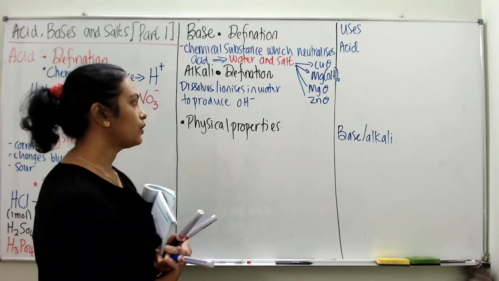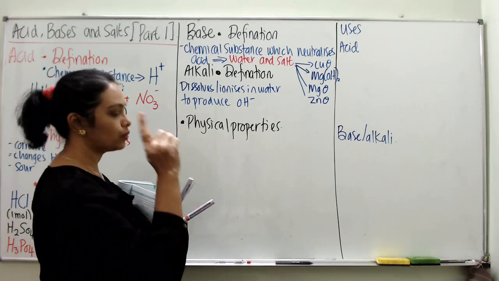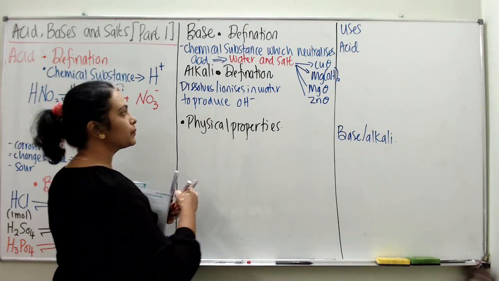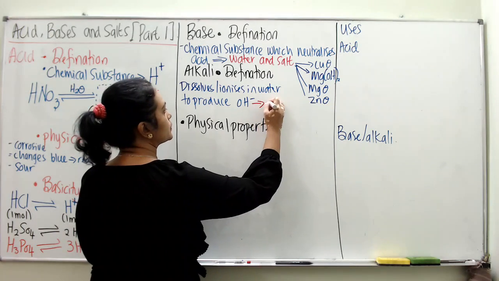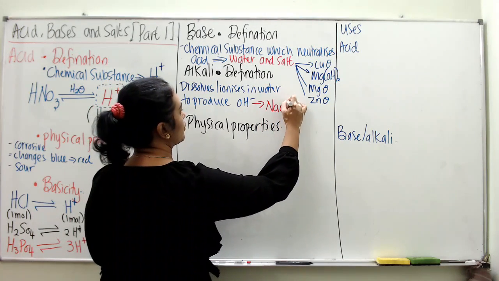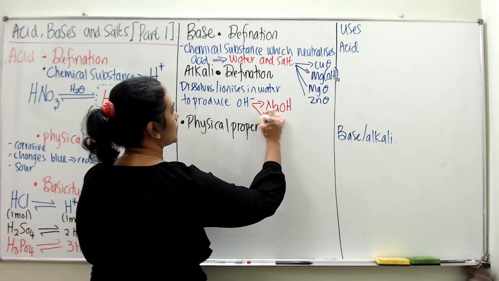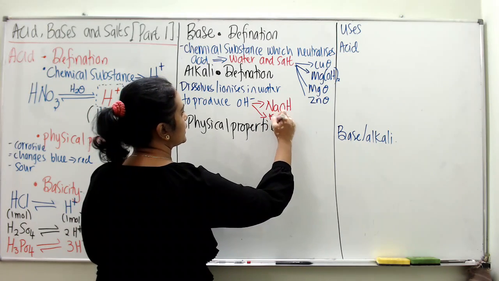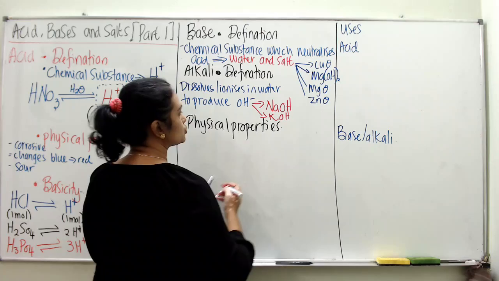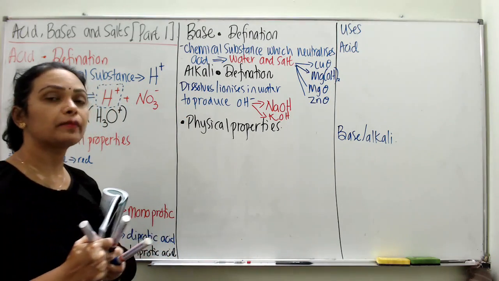Alright? Before moving on, what are examples of alkali? Sodium hydroxide, potassium hydroxide. These are usually group 1 metals.